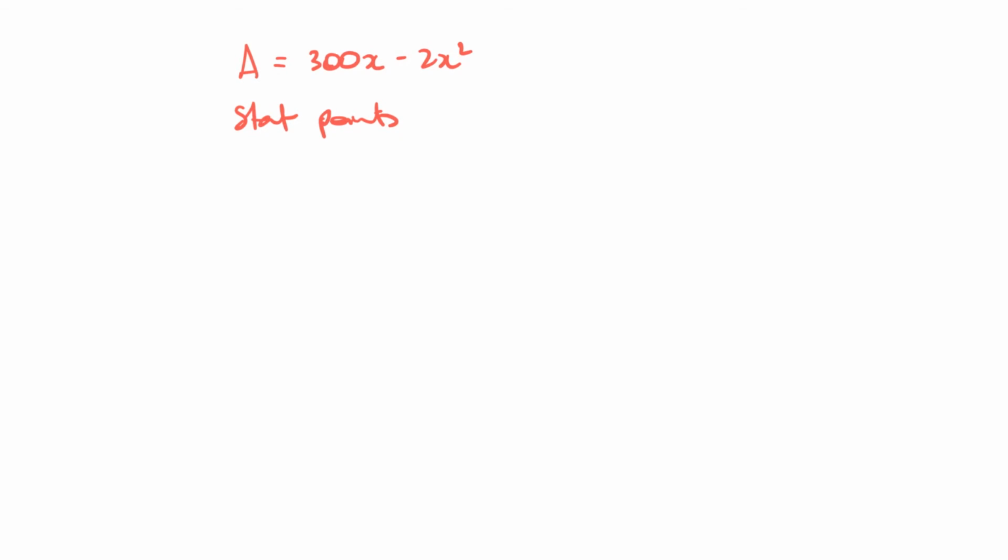All right, and that is when the first derivative is equal to 0. All right, now we're finding the derivative of the area in this case. All right, so if we go and do this, we're going to be getting 300 minus 4x, and we're looking for when that is equal to 0.